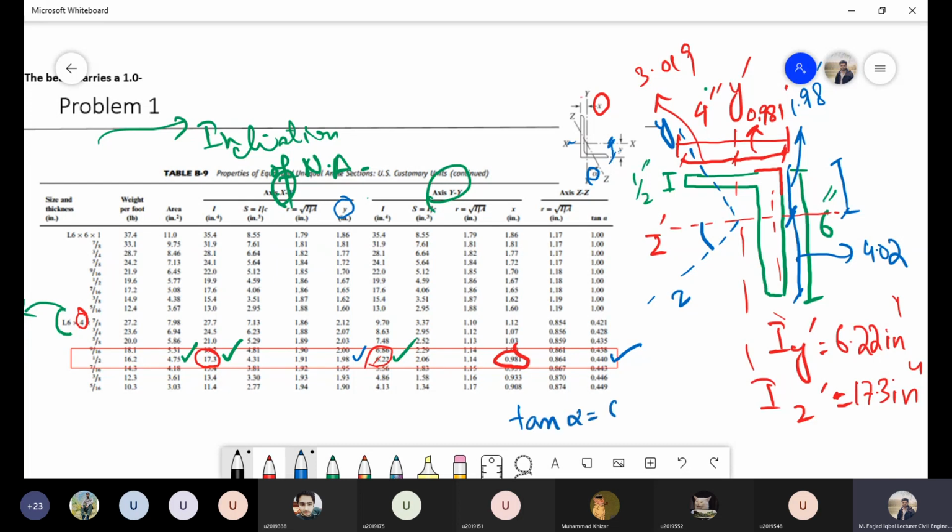So tan alpha is 0.440, and if I simplify this equation, I will get angle alpha as 23.8 degrees. Now I know the inclination of my principal axis with respect to the original horizontal and vertical axis. This angle will also be 23.8, and you can also calculate this interior angle. So this is the inclination.